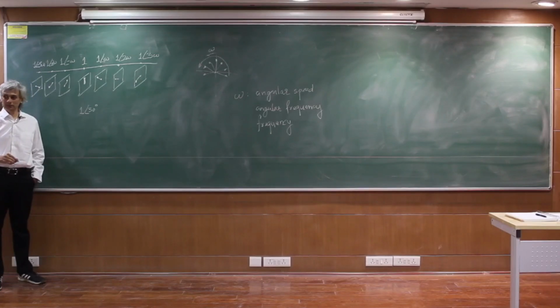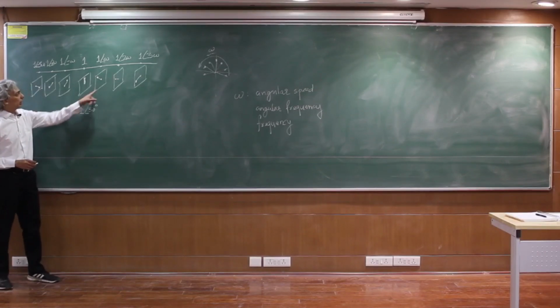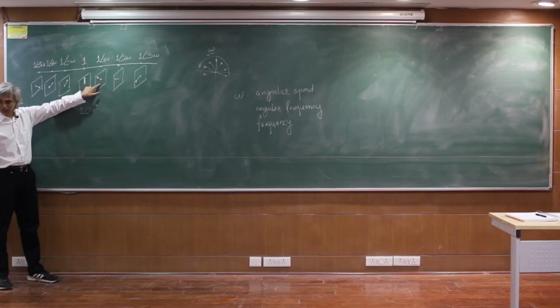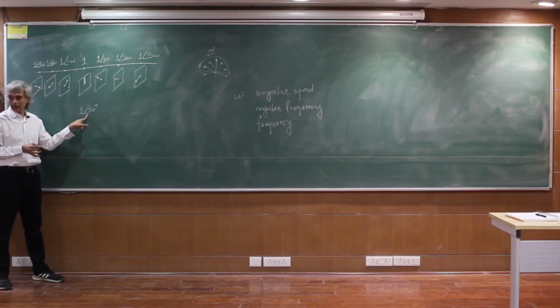Then what will this have to be? 1 angle 30 degrees plus omega. Because it's still a spiral whose frequency is omega, but it started at a different angle.